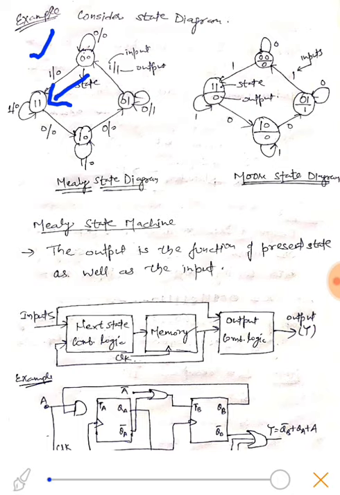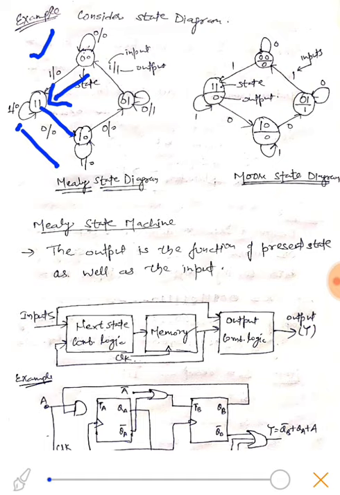Now state 3, that is 1 1. If I provide input 1 over there, in which output is 0, the system would remain in state 3. If I provide input 0, output is 0, the system would move to state 1 0.